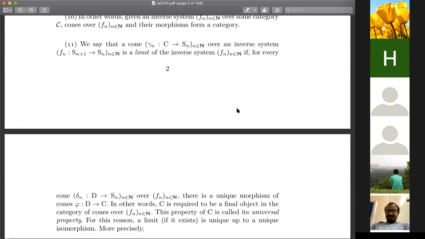In the category of sets, the empty set is an initial object because there is a unique map from the empty set to any other set, right? Yes or no? Is there a unique map from the empty set to any other set?